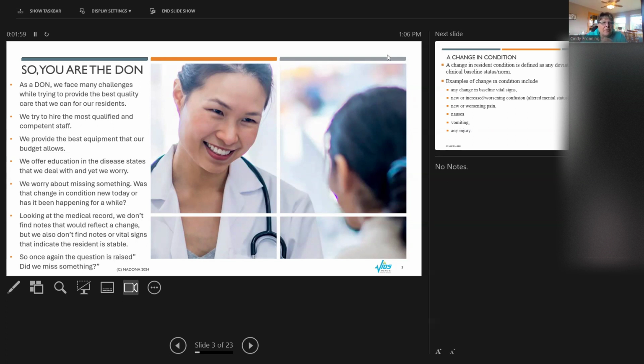We try to hire the most qualified and the most competent staff, and then we train them and train them and do competencies and try to make sure that we have the most appropriate staff working for us. We buy the best equipment that we can within our budget. We do try to access those things, and we know that those things are so important, but not all of us have that ability. Our budgets just don't have the ability. So we do the best we can with what we have.